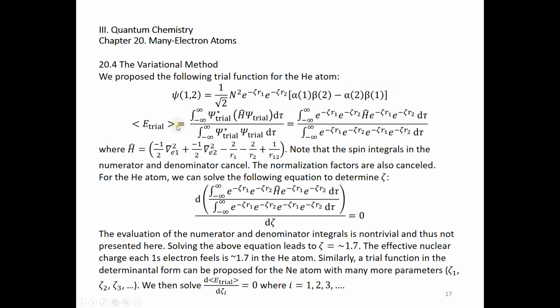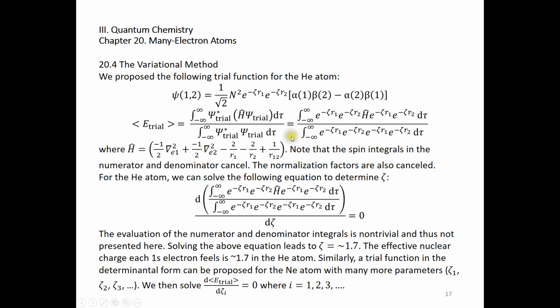Now we evaluate the trial energy. We use postulate 4 here and plug in the trial function. You may ask, what happened to the spin part? Fortunately, you see the integral of the spin part on top and also on the bottom. And fortunately, this Hamiltonian does not change the spin function, so we have the same spin integral on top and on the bottom.